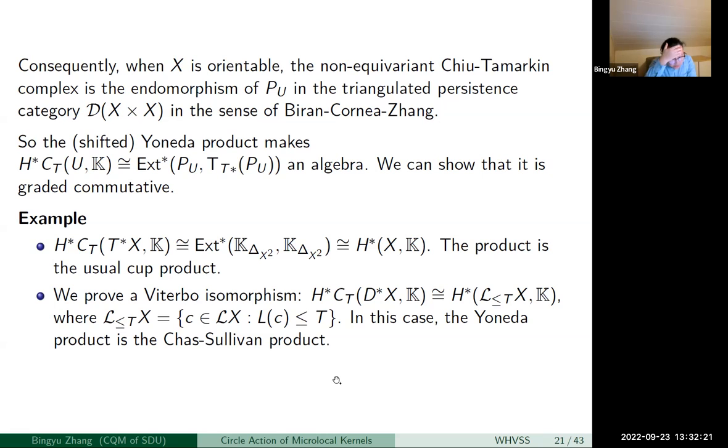The second example is that for the disk bundle, we can prove using our previous formula that it is isomorphic to the homology, here it is homology but not cohomology, there's a typo here, it's isomorphic to the homology of a free loop space of a given length. In this case, we can prove that the product is the Chas-Sullivan product. So this is kind of an obtainable isomorphism.